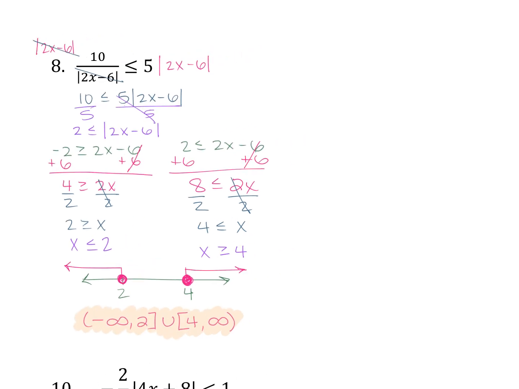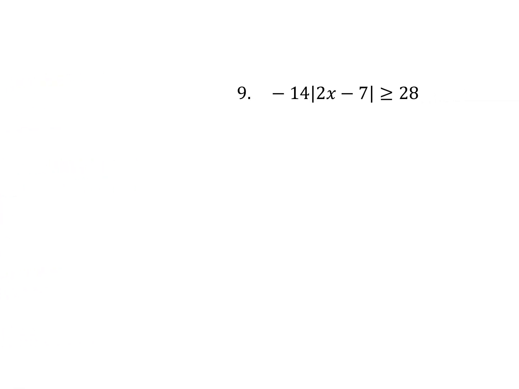For number 9, we have negative 14 times the absolute value of 2x minus 7 is greater than or equal to 28. For this one, we're going to divide each side by the negative 14 first. Again, we are dividing by a negative, so we flip that inequality sign. So we're going to have the absolute value of 2x minus 7 is less than or equal to negative 2.